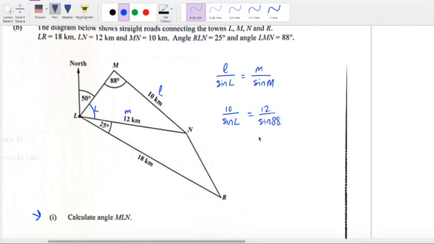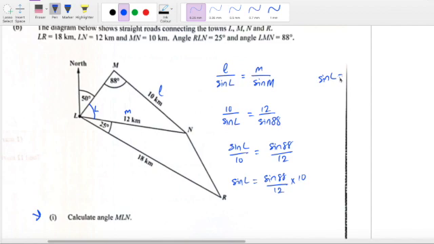In this case, we could actually flip it, right? So we could say that the sine of L over 10 is equal to the sine of 88 over 12, and then throw the 10 across. So the sine of L will be sine of 88 over 12 times 10. So let's find that.